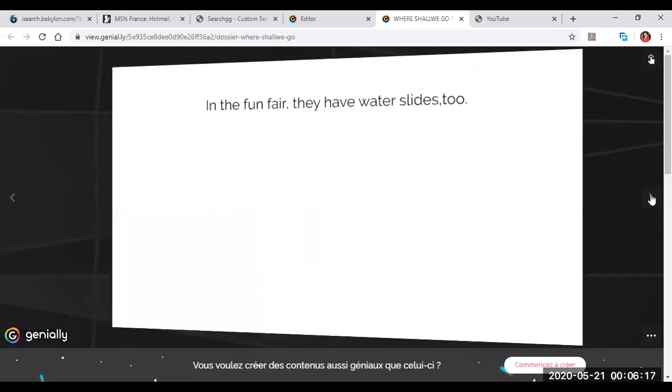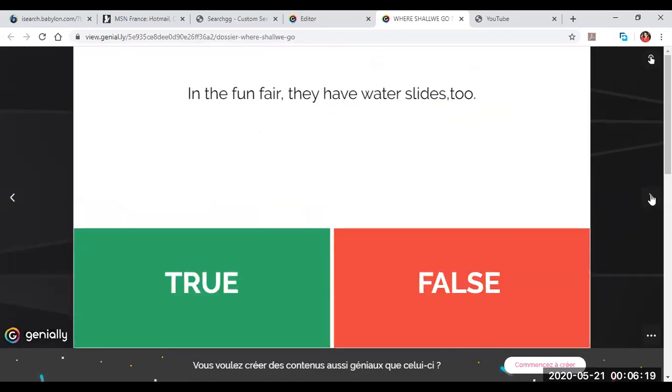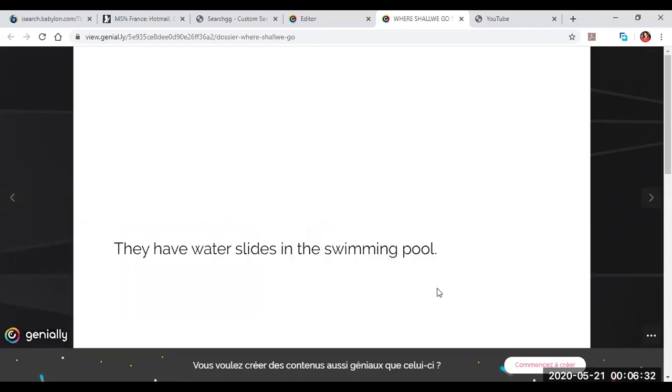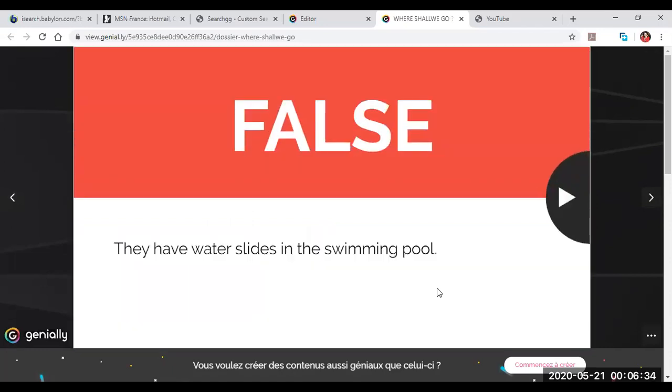The third statement: In the fun fair, they have water slides too. So you have to choose between true or false. I will go for false and see. Yes, that's false. They have water slides in the swimming pool. All right.